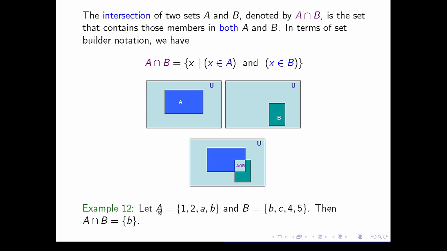Another example. If set A contains 1, 2, a and b, while set B contains b, c, 4, and 5, the only common element between A and B is b, little b here. So the intersection of A and B is a set containing only one single member, that is the letter b.